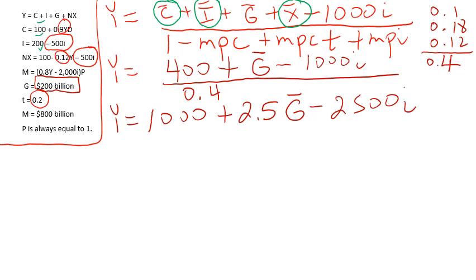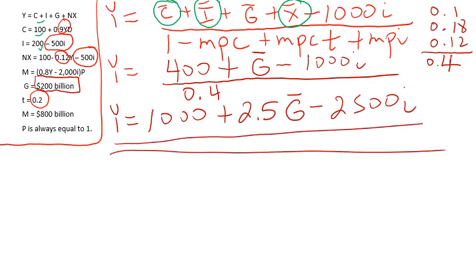Okay, so this is the equation for the goods and services market. This equation represents the goods and services market. In addition, this equation is what we call the IS equation.